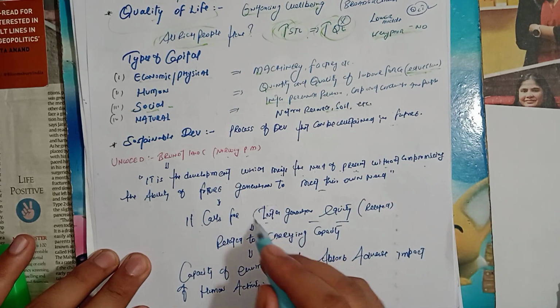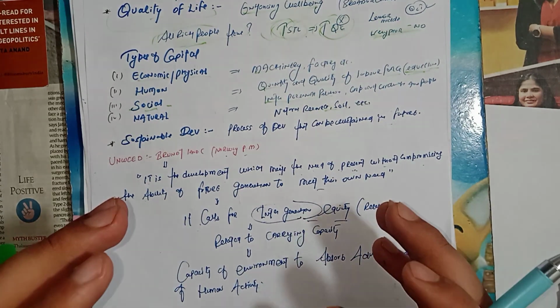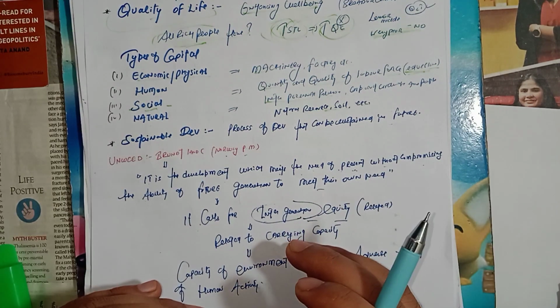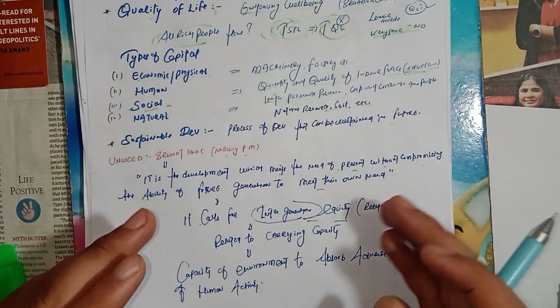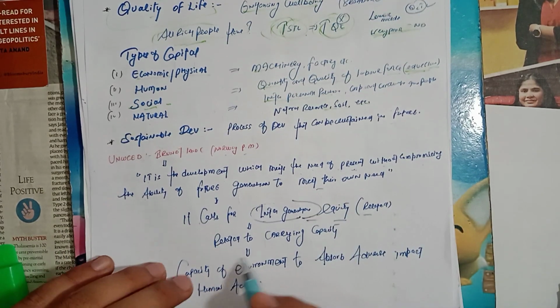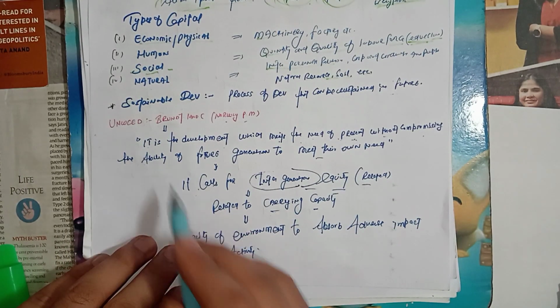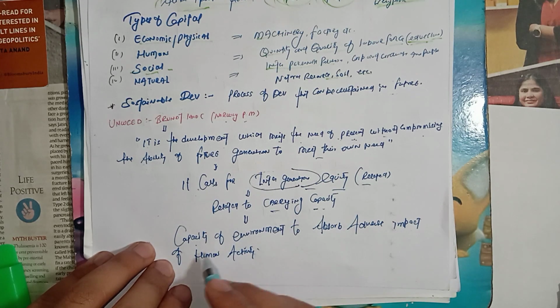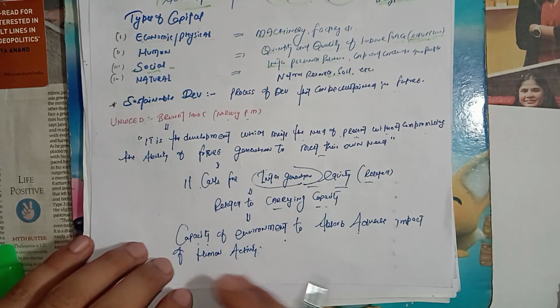Intergenerational equity means whatever access to resources this generation is having should also be given to the future generation. So it is related to carrying capacity. Carrying capacity means the capacity of the environment to absorb the adverse impact of human activity.